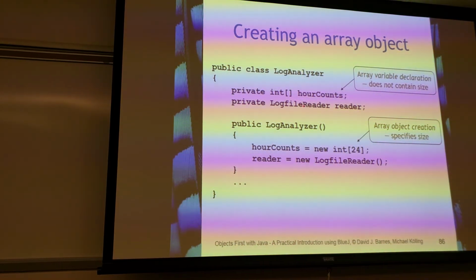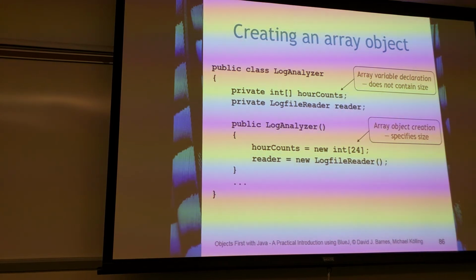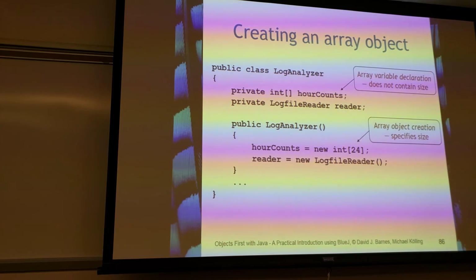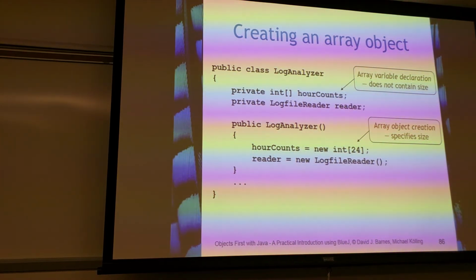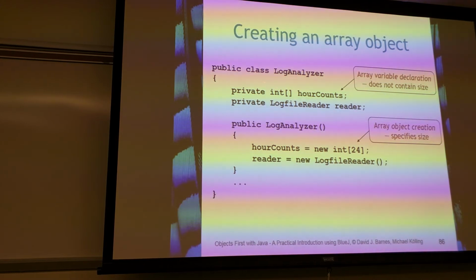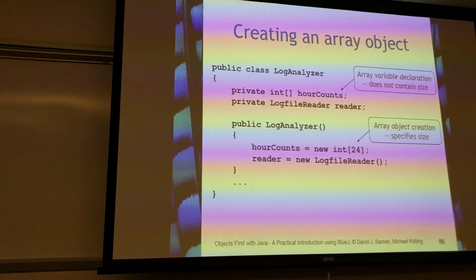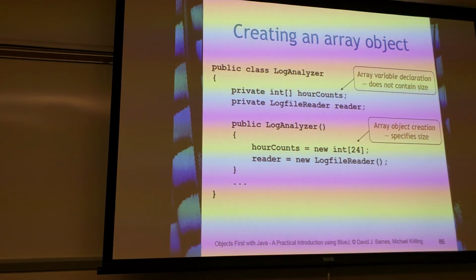I'm going to have an array here called hour counts. This is a field inside my class. Here's my constructor. And this square bracket notation here is what indicates it's an array. This is an array of integers. Now notice there's no value here, because at this point I don't tell you the size.